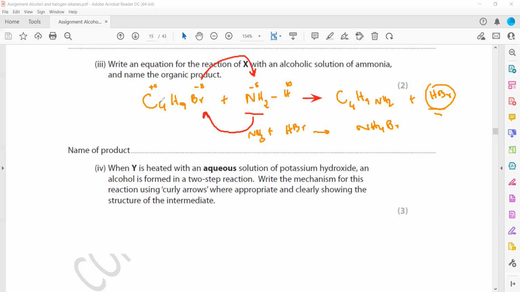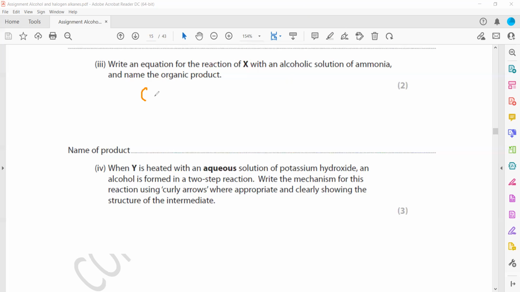So the complete equation is C4H9Br plus two molecules of ammonia. Why two? One molecule reacts with the halogenoalkane, and another molecule reacts with the product hydrogen bromide. This results in the formation of C4H9NH2 plus NH4Br.